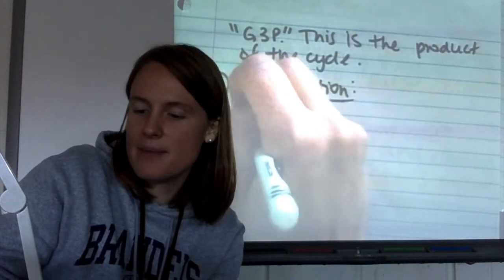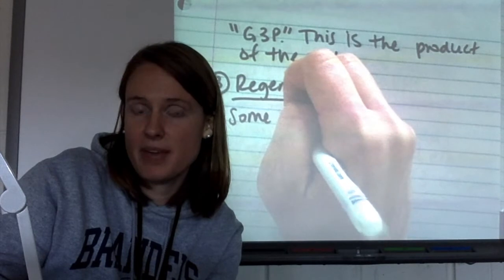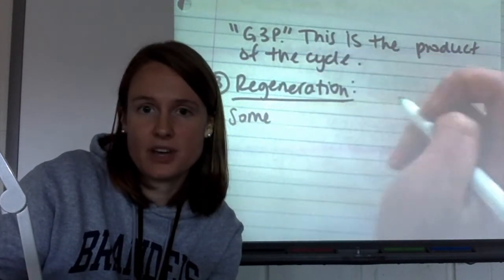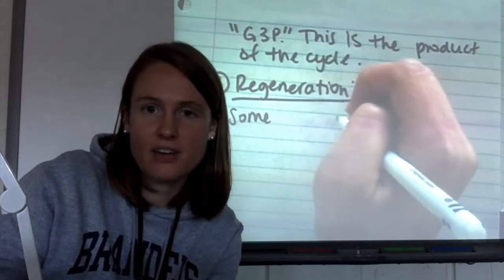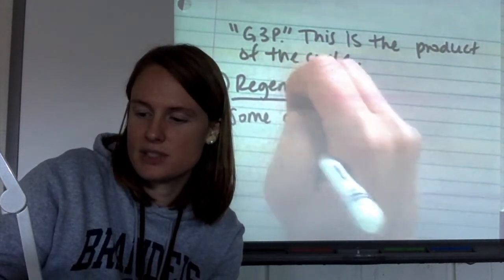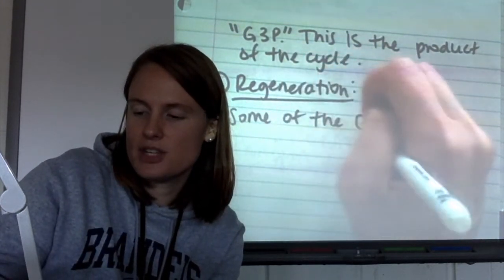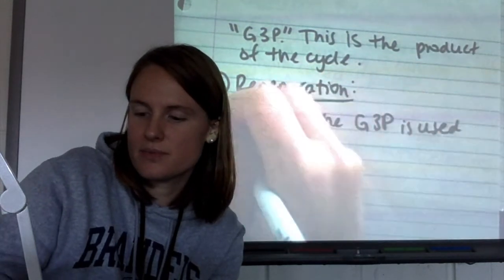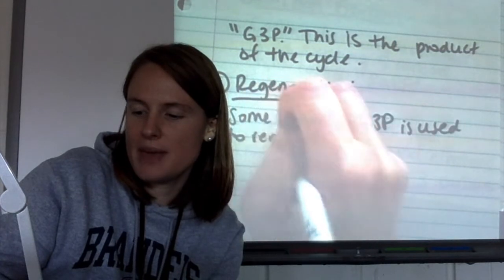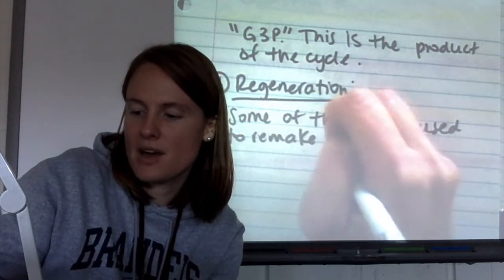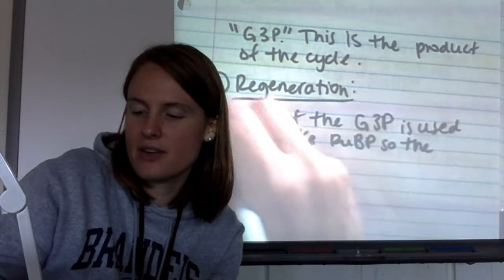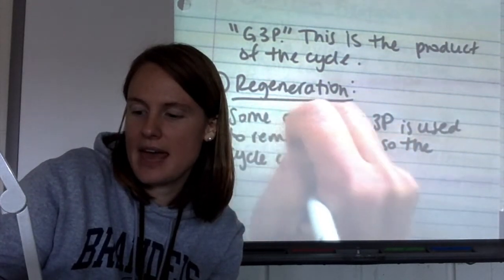Some of the G3P is used to remake RUBP so that the cycle can happen again.